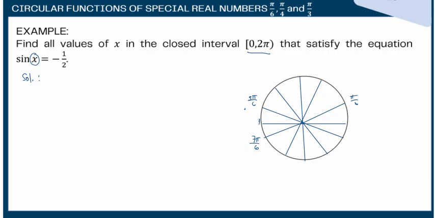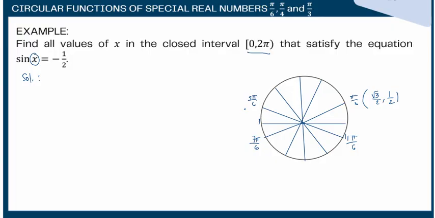Then 5, 6, 7, so 7 pi over 6. Continuing 8, 9, 10, 11, so 11 pi over 6. And then this is going to be square root of 3 over 2 and 1/2. It's the same case for the other values.